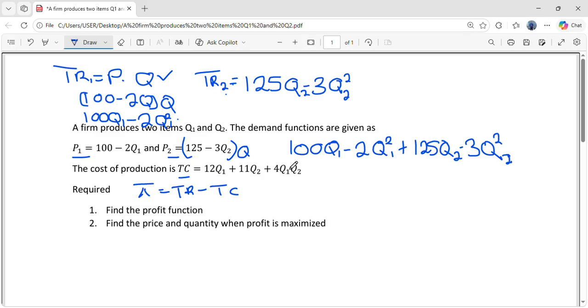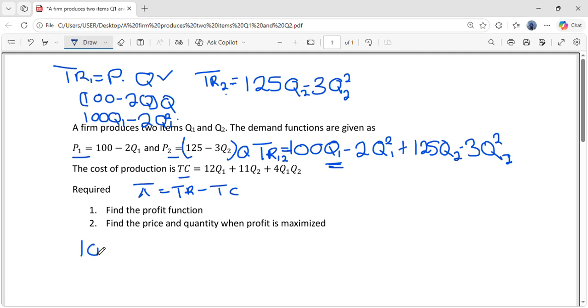So this is the joint total revenue for the two goods, both 1 and what? Both 1 and 2. Having found the joint total revenue for both, we are now going to remove the total cost from this particular equation that we have here.